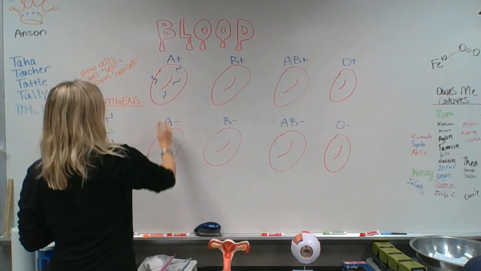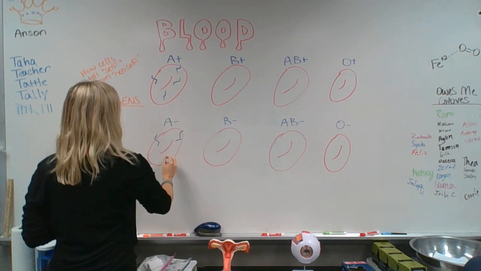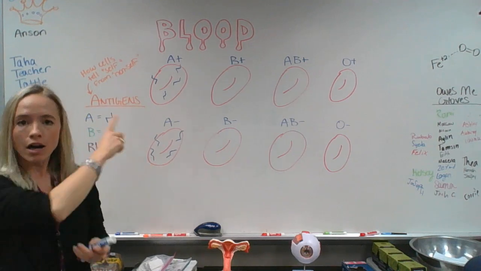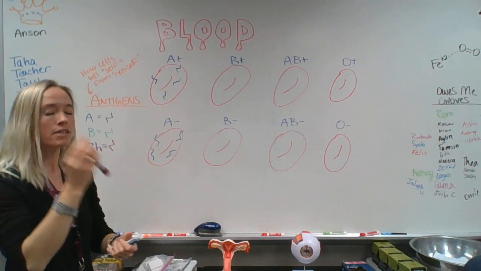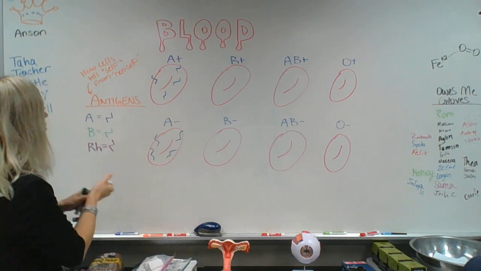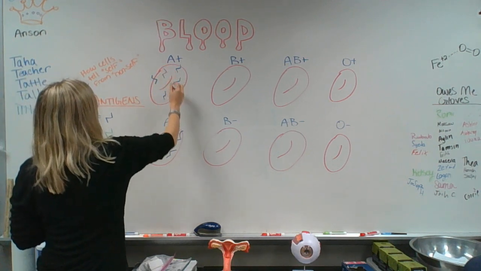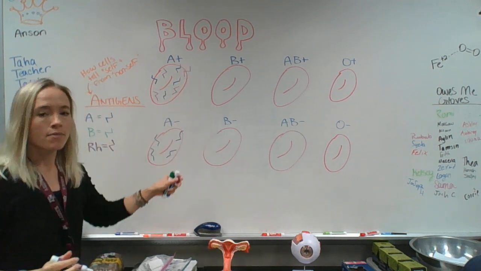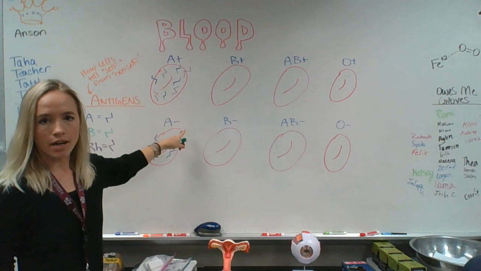So I'll just draw a couple of them here. And if they're positive, that means they have an additional protein on the surface called RH, like this. Negative does not have it.